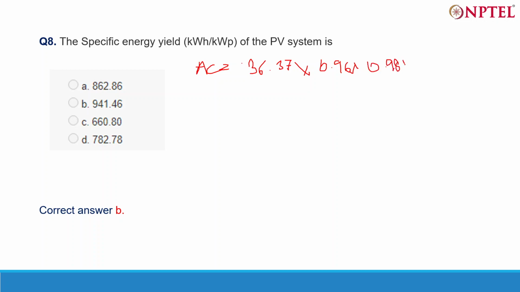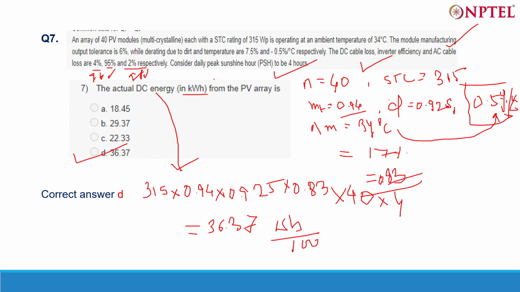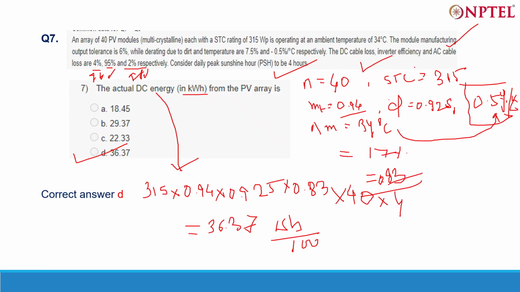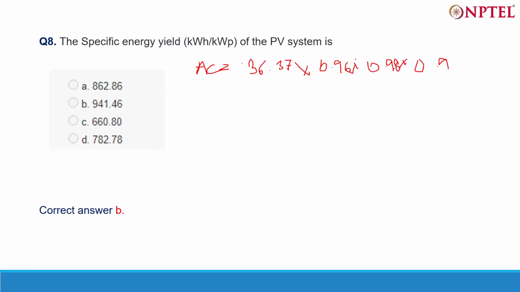Inverter efficiency was 95%, so 98 is here, 95 take here.